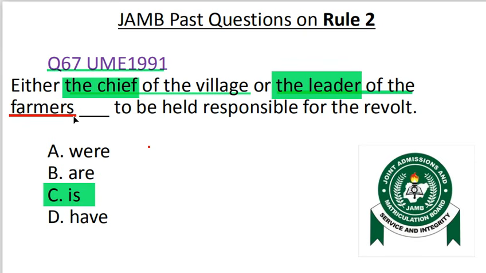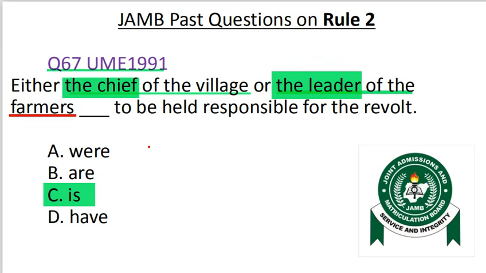No, it is their leader that is the bone of contention, not the farmers. It is the leader who should be held responsible, not the whole of the farmers. So here, it is still singular. Take note, the leader is the bone of contention.